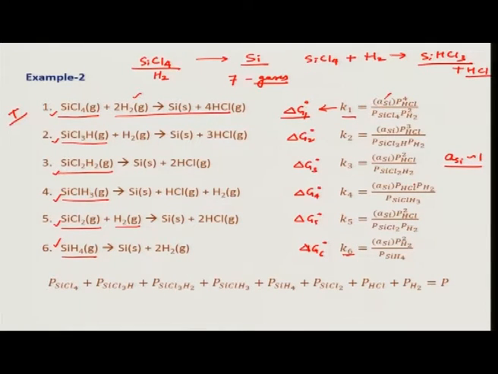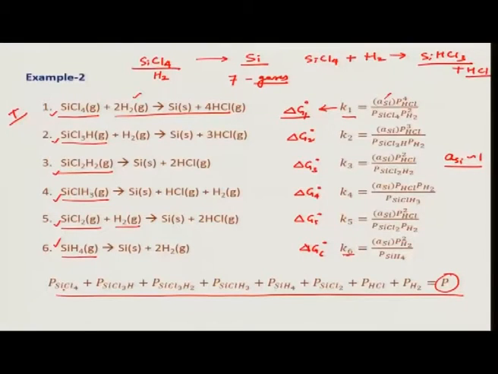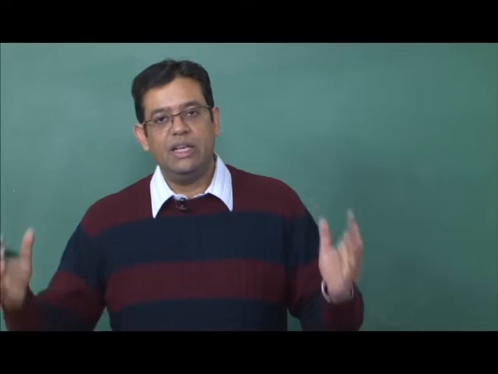Also, since we have 7 unknowns, we need 7 equations. We have these 6 equations, and the 7th equation is that the sum of all partial pressures is the total pressure P in the reactor, which is known. So, we know how much silicon tetrachloride we are flowing in, and how much hydrogen we are flowing in, and we know the total pressure inside the chamber.